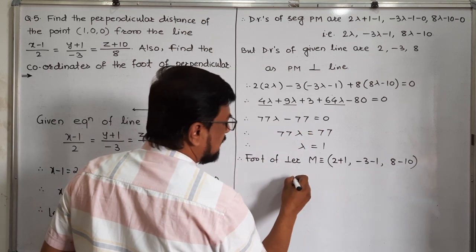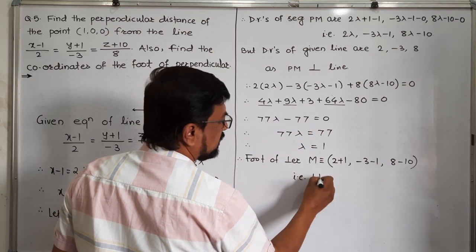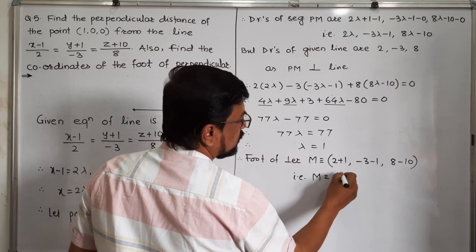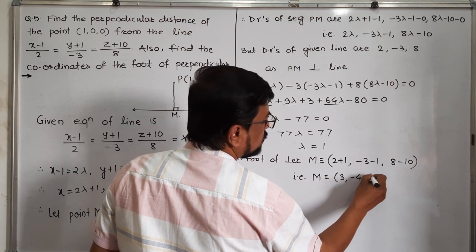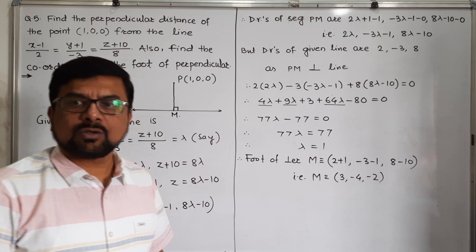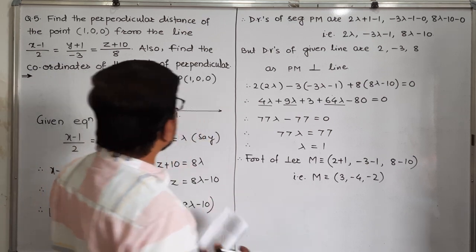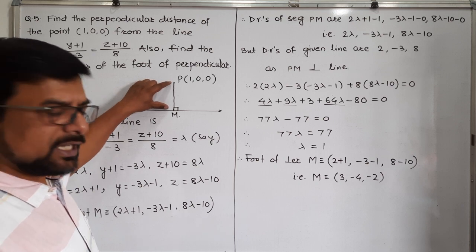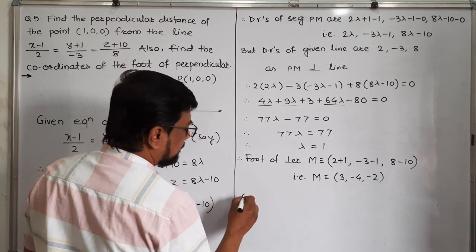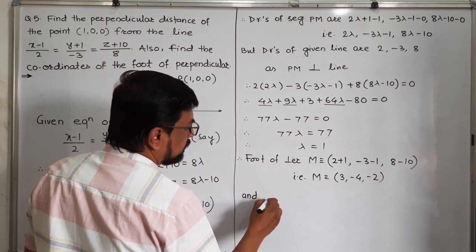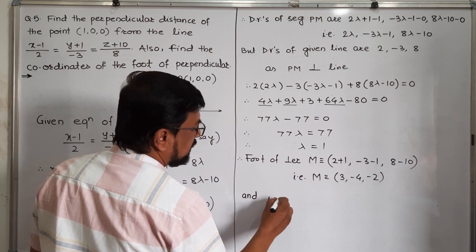That is, M has coordinates (3, minus 4, minus 2). These are the coordinates of the foot of the perpendicular, and now we are going to find the length of segment PM, the perpendicular length.